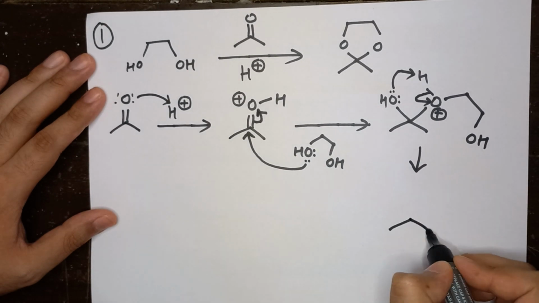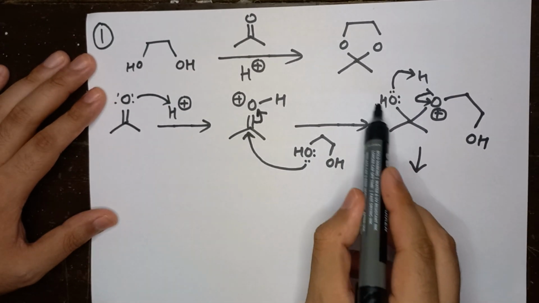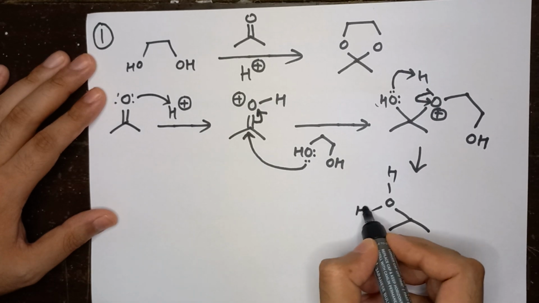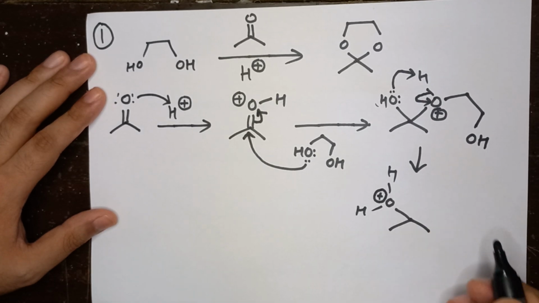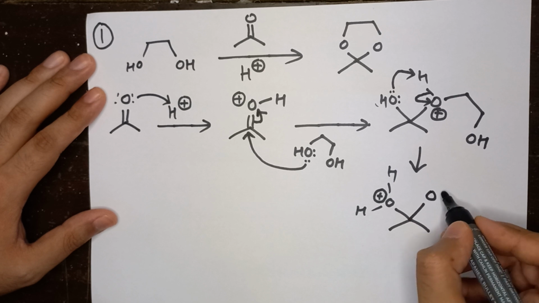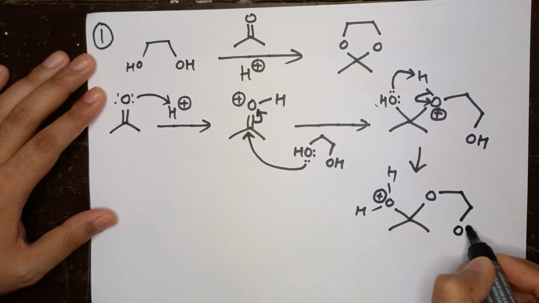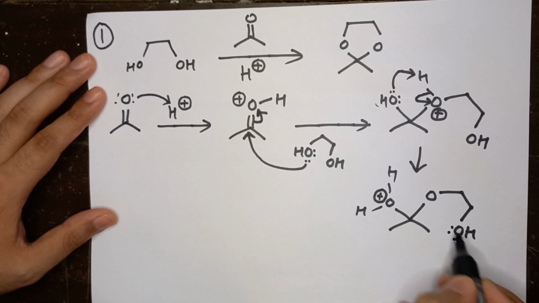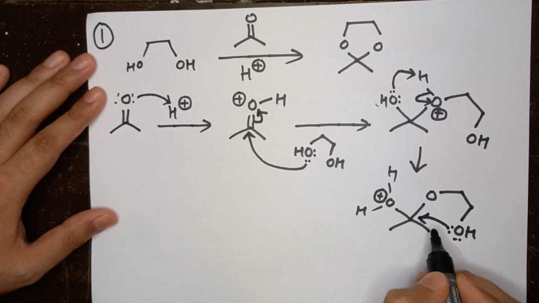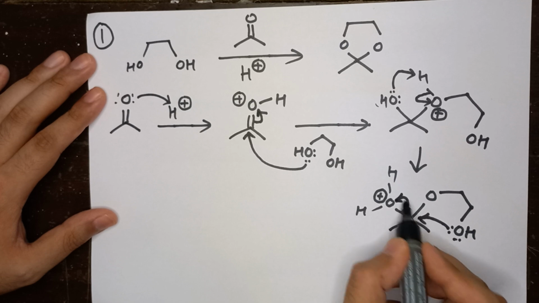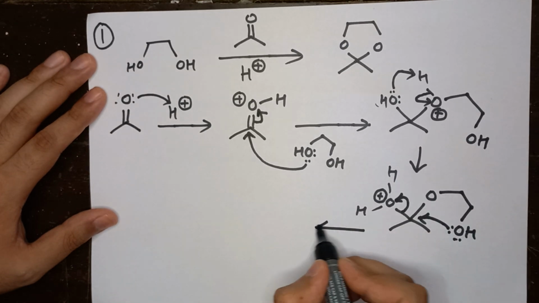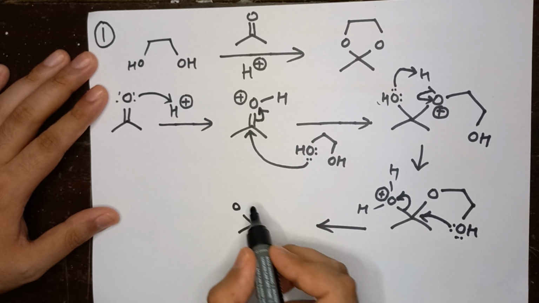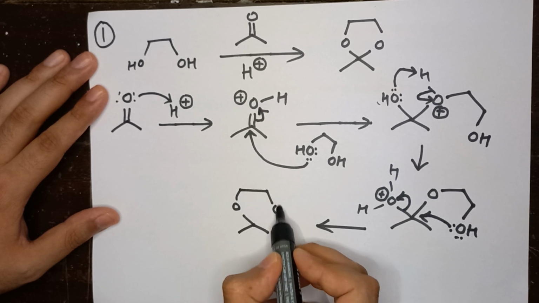So now you have converted your OH into OH2 plus, and the rest will remain the same. Now this OH2 plus is a good leaving group. So this oxygen lone pair will attack at this carbon, and this water molecule is going to leave, and you have formed O, CH2CH2O.